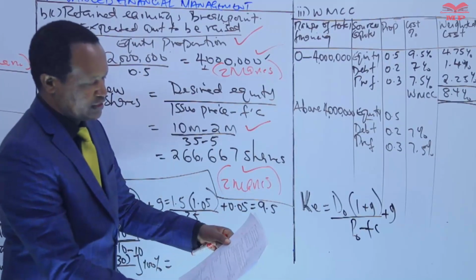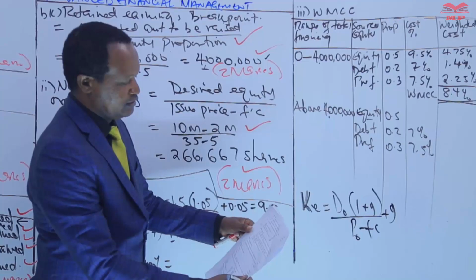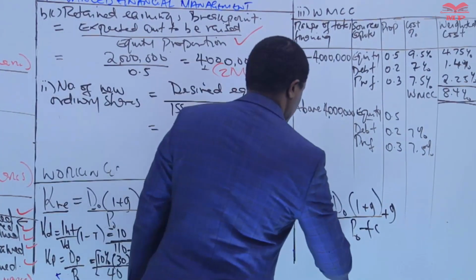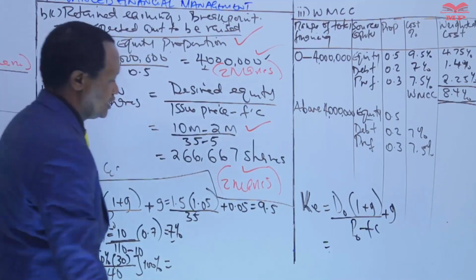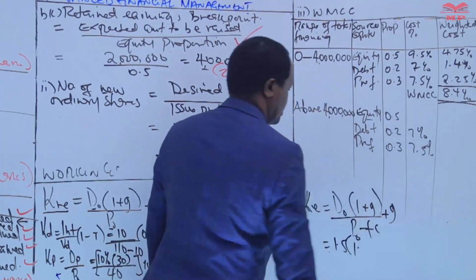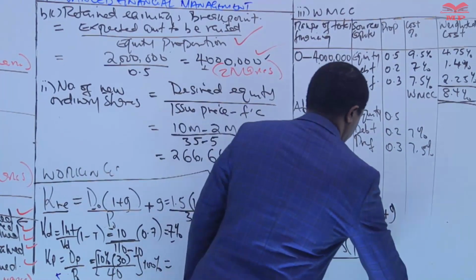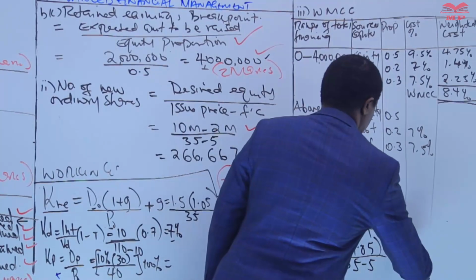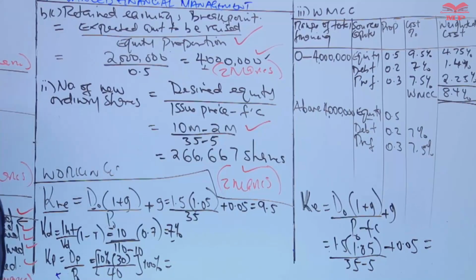I think it is clearly indicated that flotation cost will be 5 shillings per share. So this will be equal to D naught at 1.5 shillings into 1.05 over 35 minus 5, plus 0.05. So give me the cost of equity there.